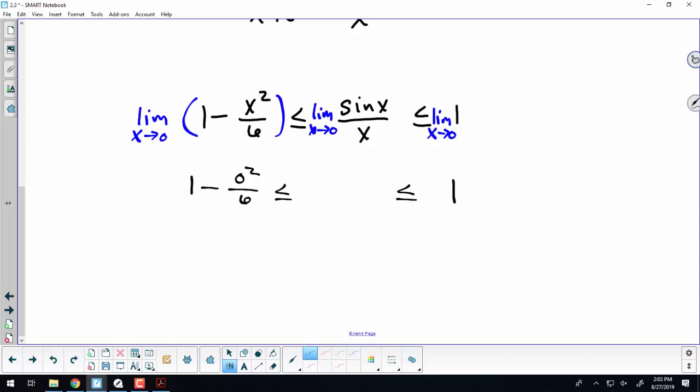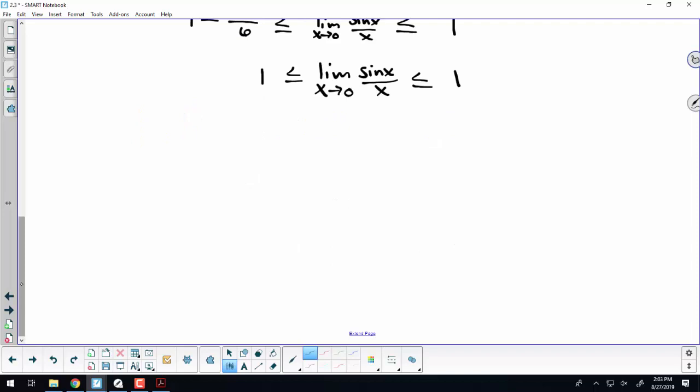Okay. So here's the limit as x approaches 0 of sine x over x. And we know that it's less than or equal to 1 and greater than or equal to 1. Therefore, we know that the limit as x approaches 0 of sine x over x is equal to 1.